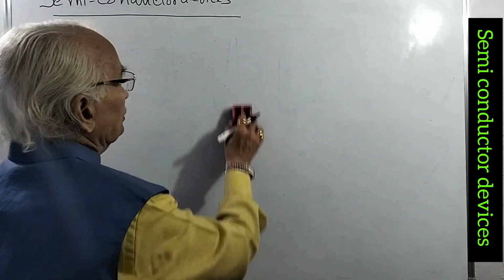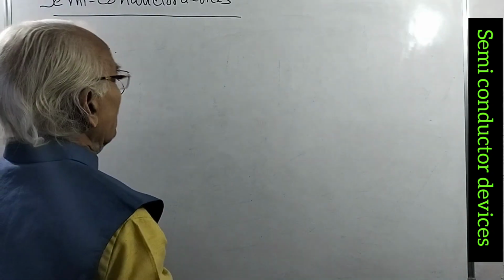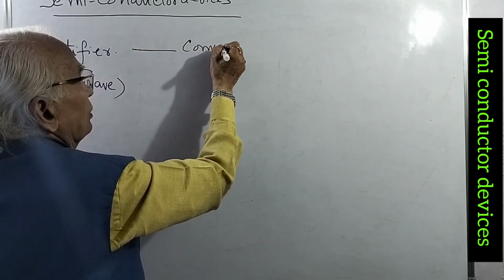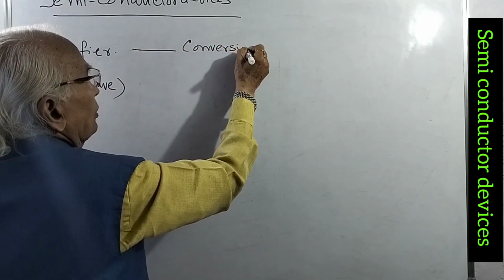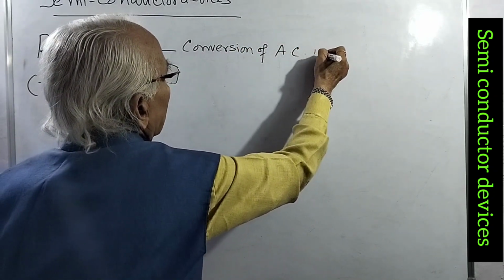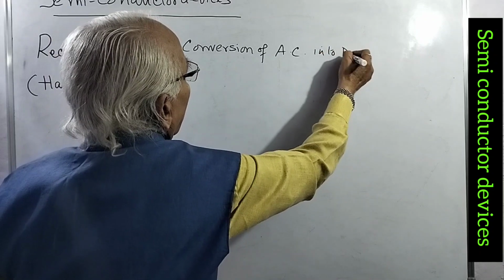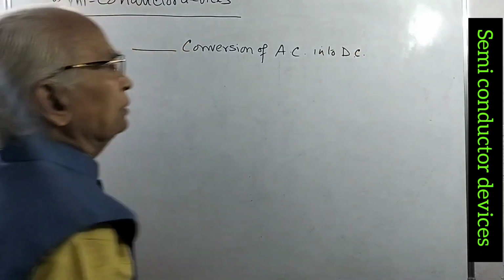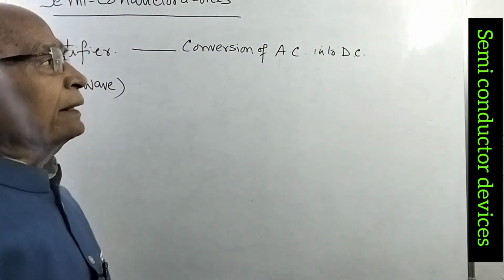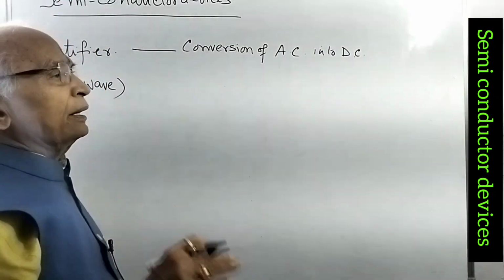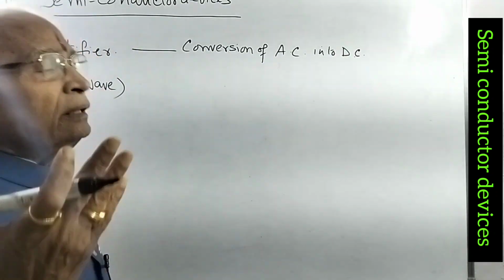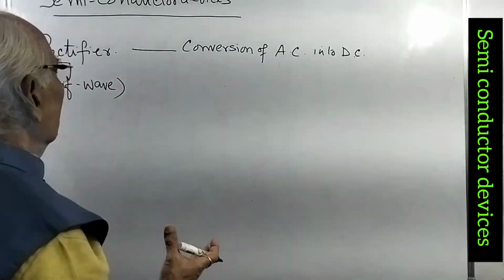Rectification is a process, the conversion of AC into DC. Alternating current, you know, has a frequency of 50 cycles per second, that is plus and minus, and DC is direct current, meaning constant current, linear current.